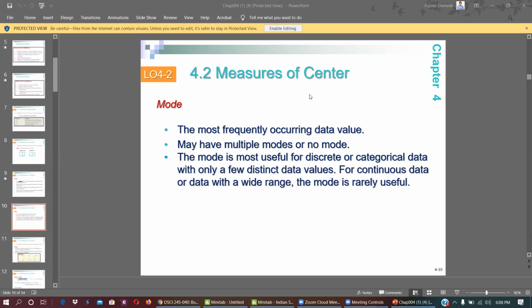Let's say in my 60 students class, there are 10 students whose age is 22, and that is the highest. So that is the most frequently occurring data value in this data. Therefore the mode would be 22 because that is coming 10 times. No other age is coming 10 times. So the mode is the most frequently occurring data value.